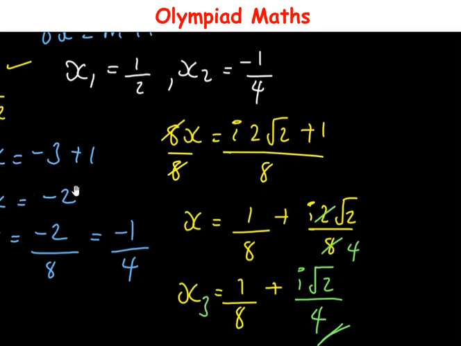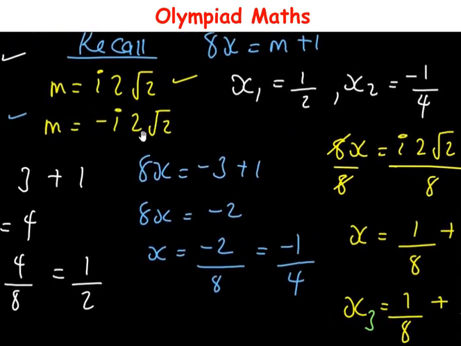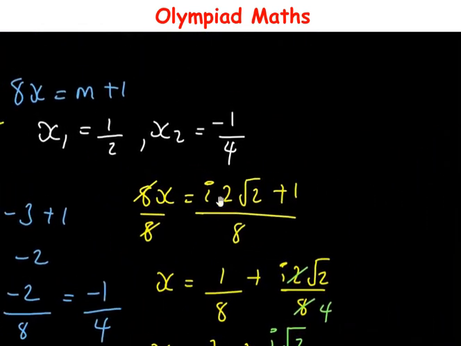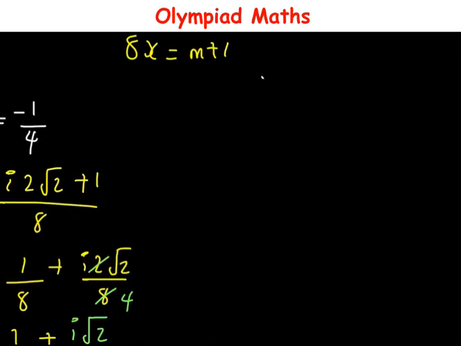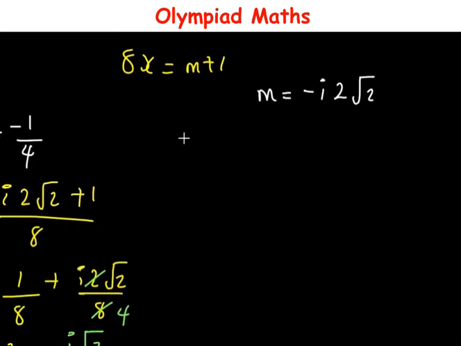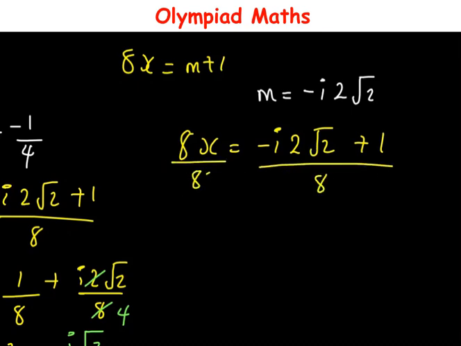What of the other solution for the value of x for this value of m as minus i times 2 root 2? We're still working with the equation 8x equals m plus 1. But in this case, the value of m that we are working with equals minus i times 2 root 2. So in putting the value of m into the equation, we have 8x equals minus i times 2 root 2 plus 1. Divide both sides by 8, all over 8. 8 cancels 8.